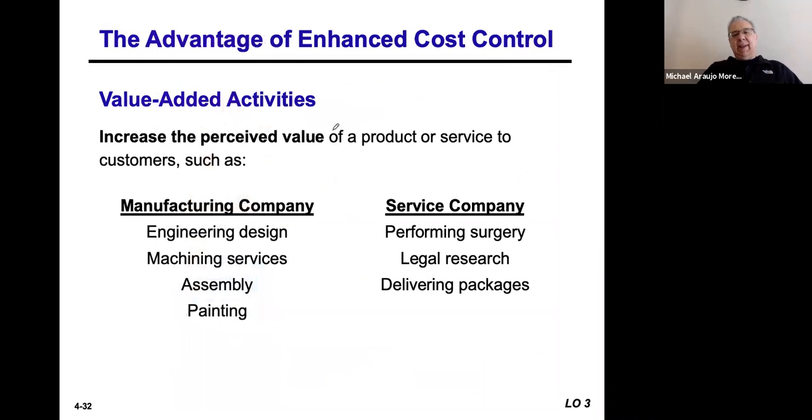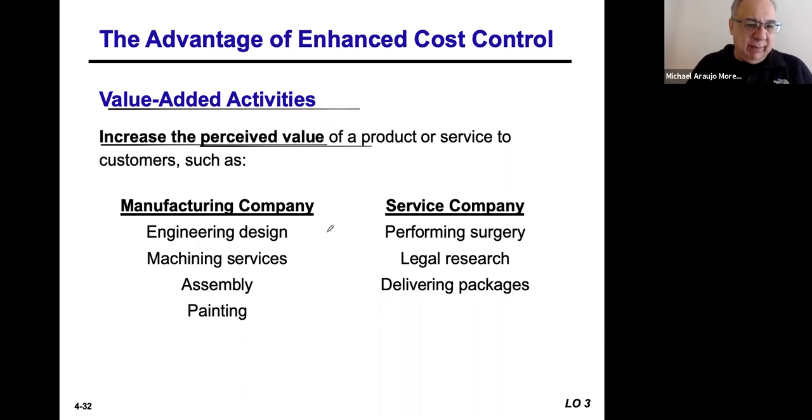Then they introduce you to something called a value added activity. There's also non-value added activities, but a value added activity, at least in the eyes of the customer, increases the value of a product because the company is doing it.